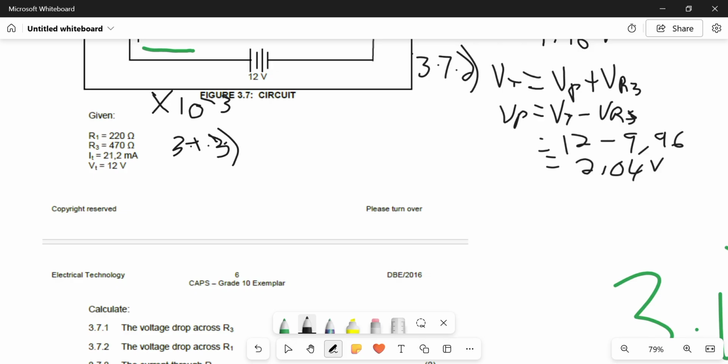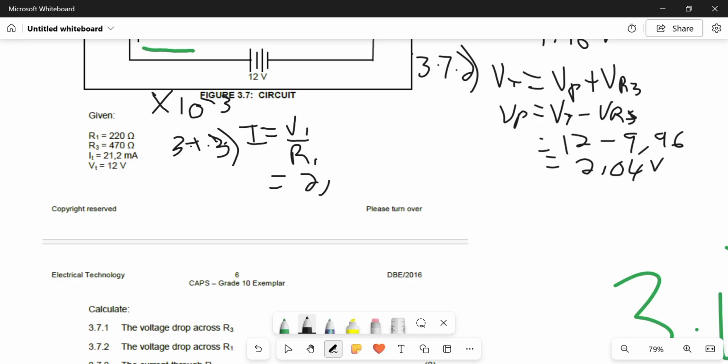3.7.3. I equals V over R. Remember, we're looking for the current across R1, so it's still the same voltage across R1.